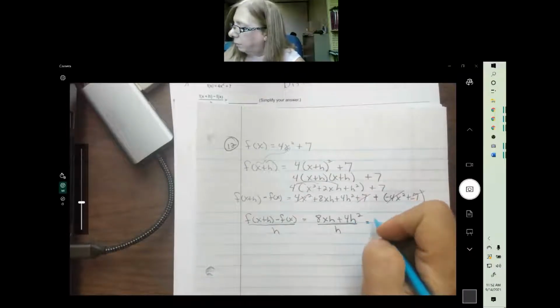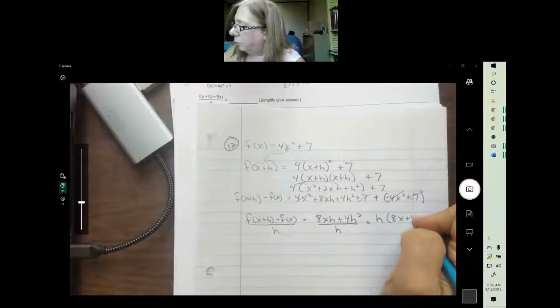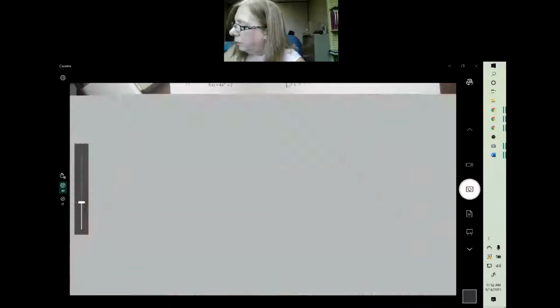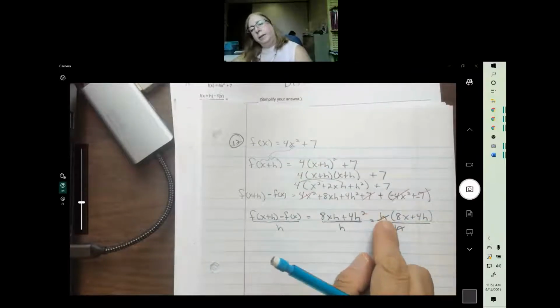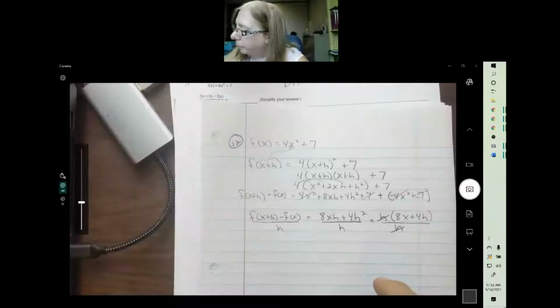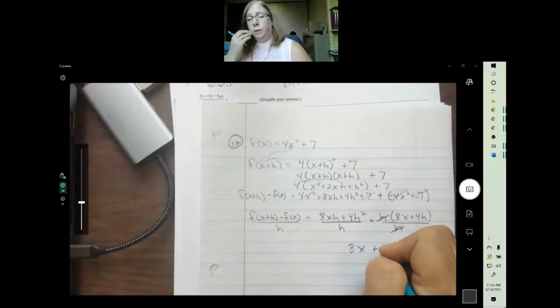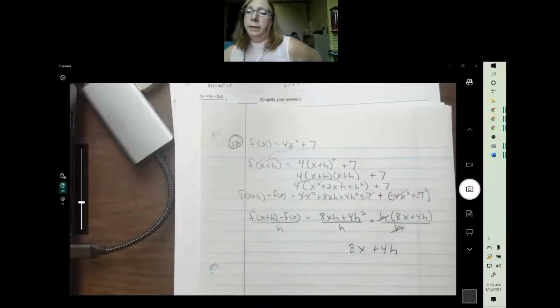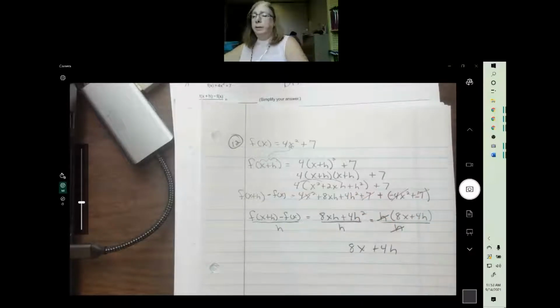On the top, we can pull an h out so that it will cancel the denominator's h. You are not done with this problem until that original h cancels. Now there's another way of reducing it if you want, but what I did was I factored out the h and they cancel. The other way to do it is look at how many terms there are.